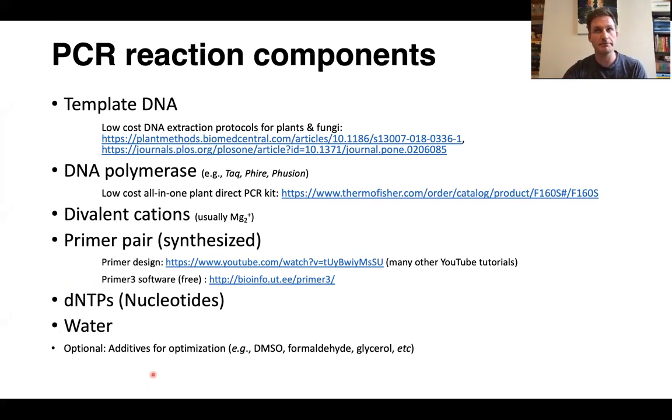Additionally, PCR can be very complicated, and you can have additives that alter the binding properties of your primers, mostly that, like DMSO, formaldehyde, glycerol, etc. So it depends, and the reason why you would use those is if your organism has many hydrogen bonds, so a high GC content.